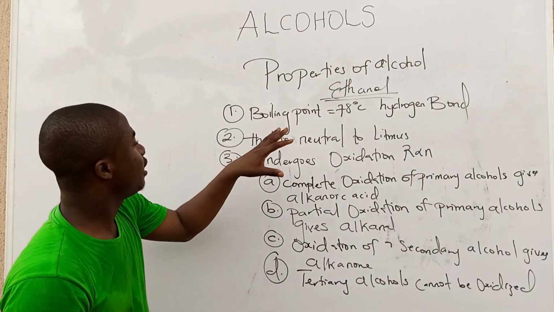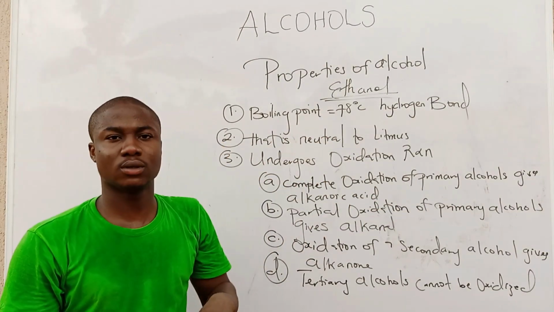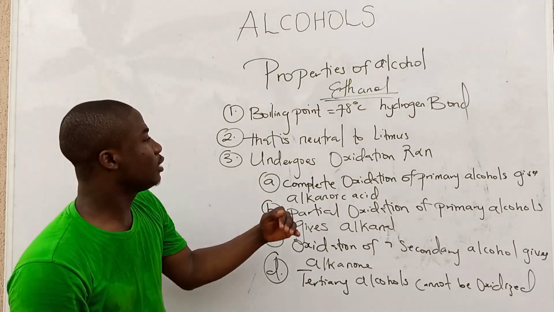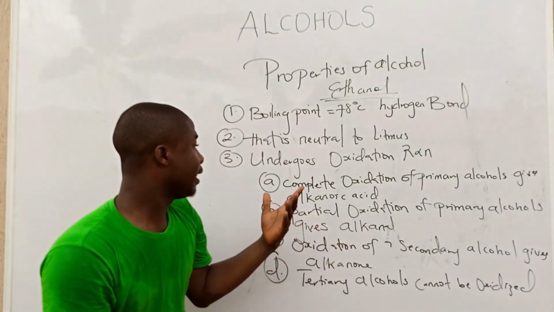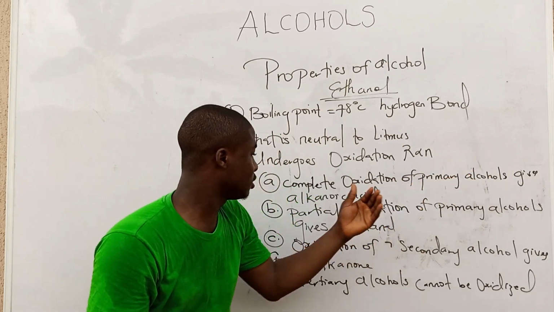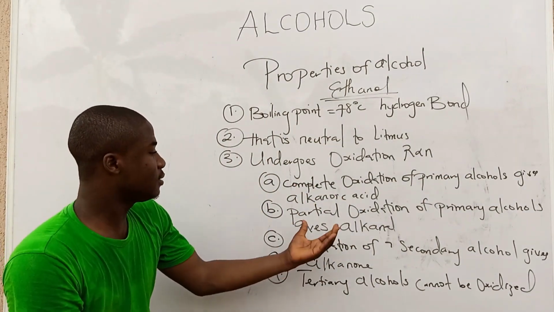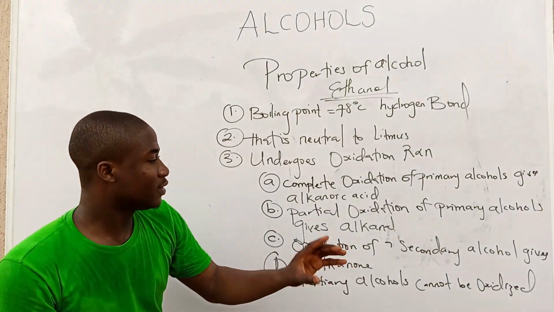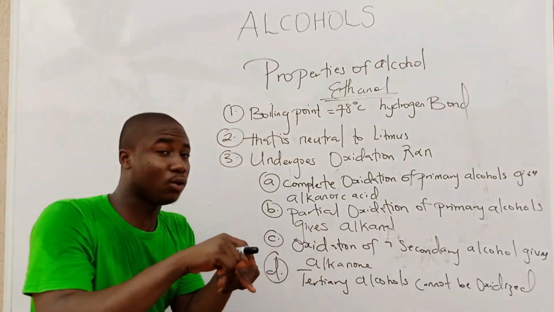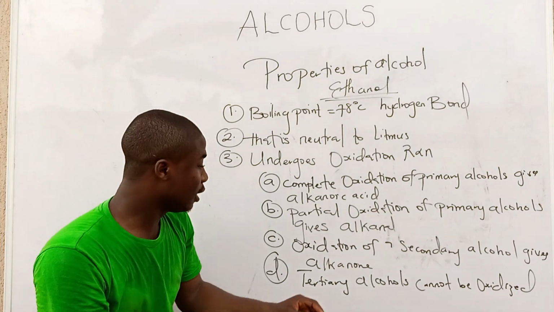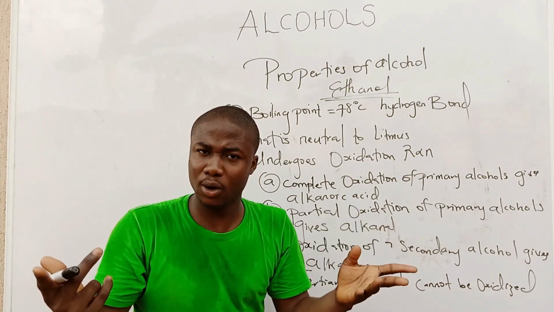Number two is that it is neutral to litmus. Number three, it undergoes oxidation reaction, whereby complete oxidation of primary alcohols gives alkanoic acid, partial oxidation of primary alcohols gives alkanals, oxidation of a secondary alcohol gives alkanone, also called ketone, and tertiary alcohols cannot be oxidized.